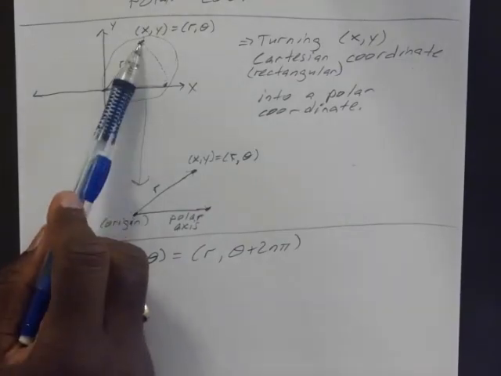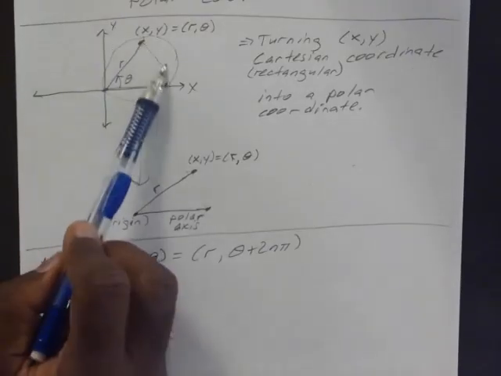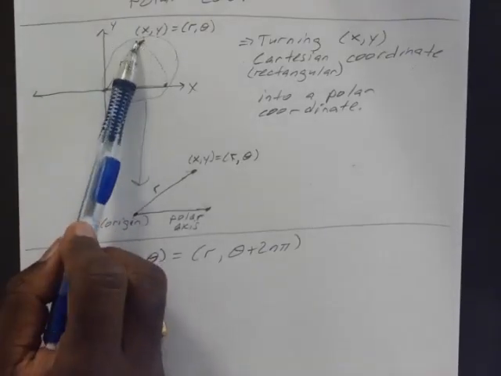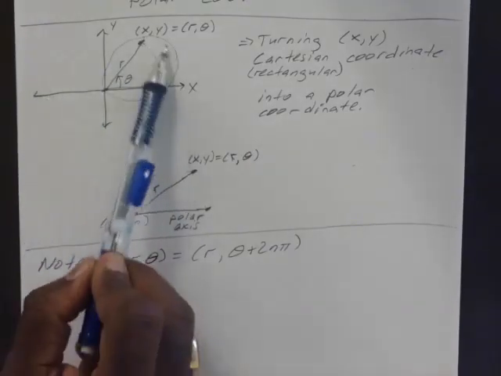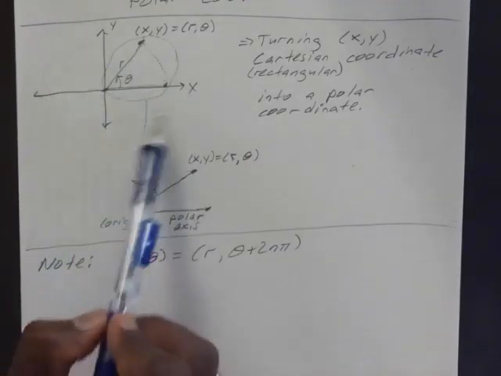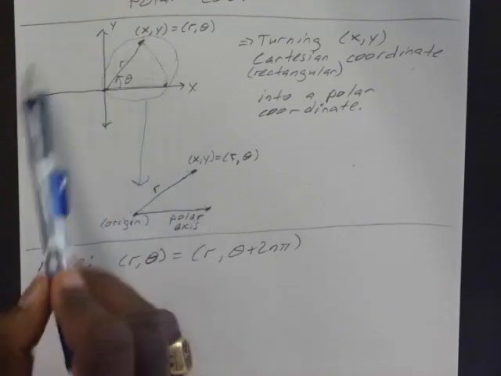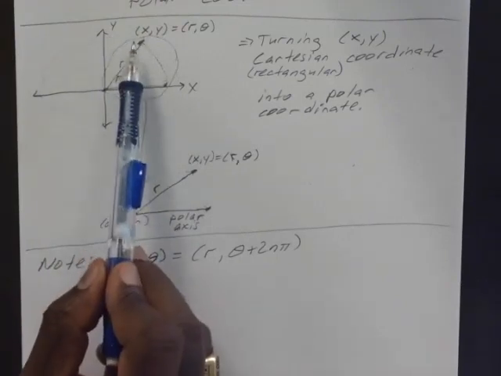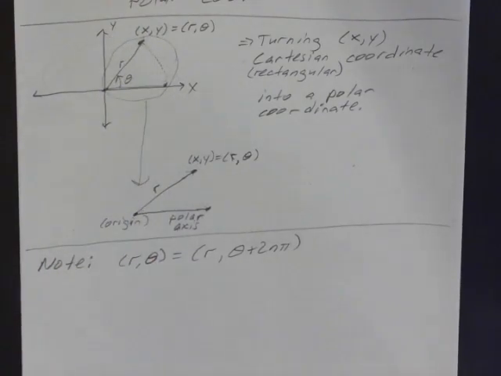Because let's say we get to that point, we go 2 pi around, we end up right back at the same point. We go 2 pi around twice, we end up back at the same point. We can go 2 pi an infinite number of times, and we will end up right back at that exact same point.